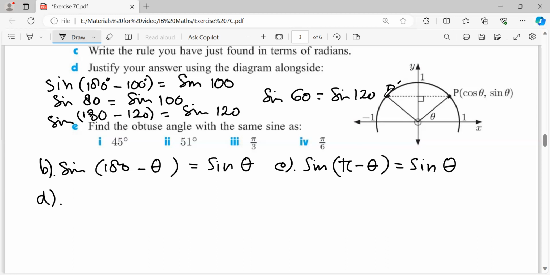Between P and P prime, they have different x values. This is negative x, this is positive x, but they have the same value on the y-axis. So our conclusion for this question is that the points have the same y.